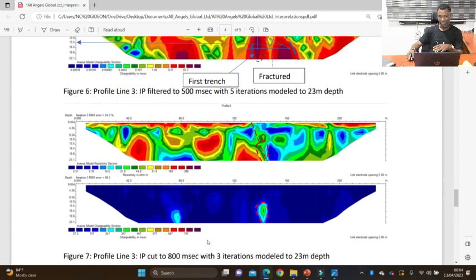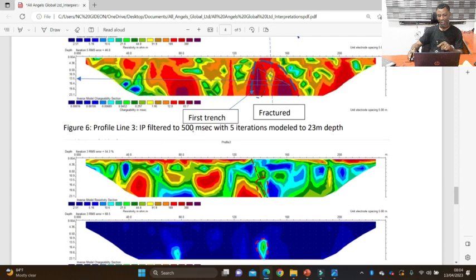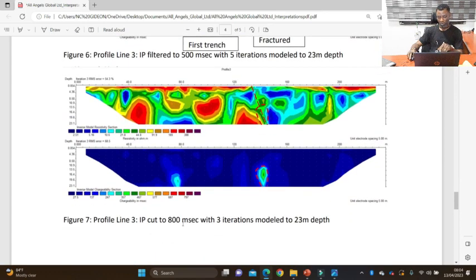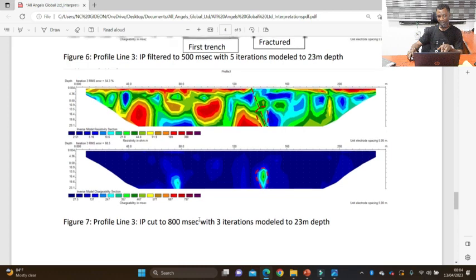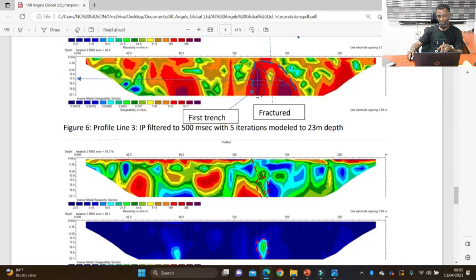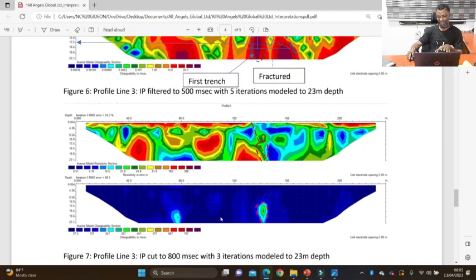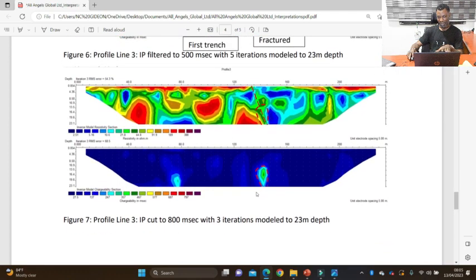See what happened here? We tried to cut up to 800. You can see here it is more detailed because we cut to 500. Here we cut to 800, filtered up to 800. You see 500 here, 800 here. You see there's a mask here in your grading, because here we use linear grading and here we use another kind of grading.